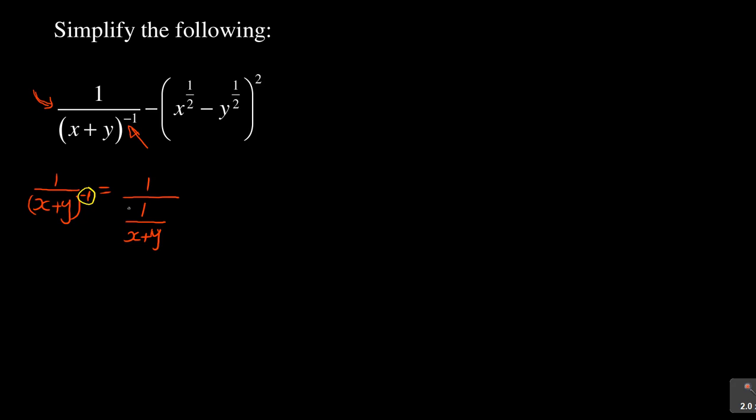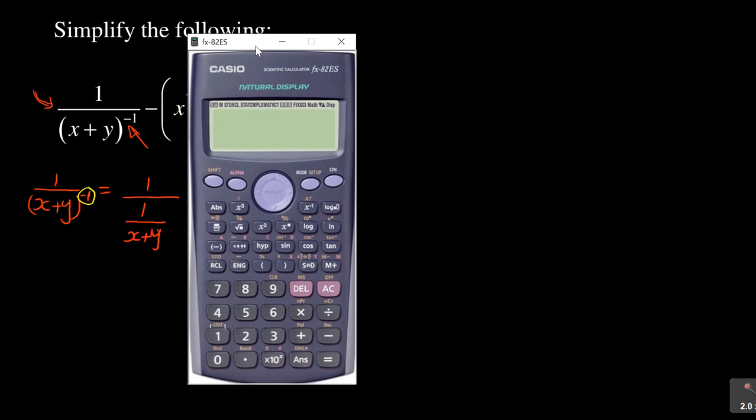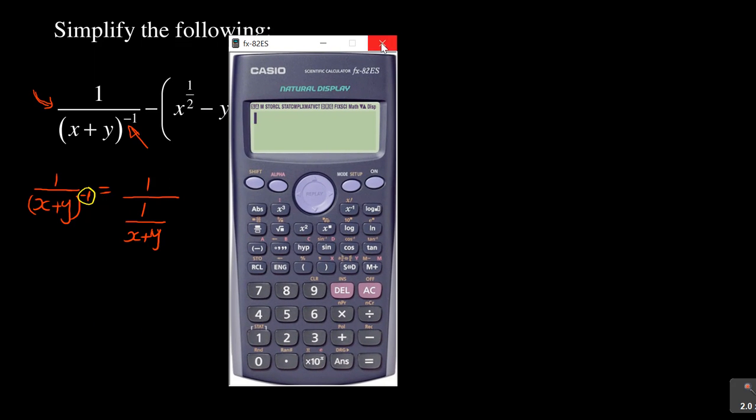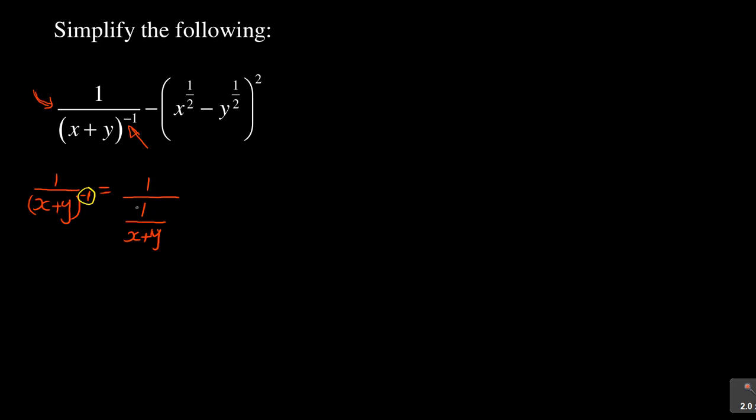Now when I've got 1 over x plus y, let me just show you with a calculator example. Just remember, the fraction here is this part. This is my fraction.